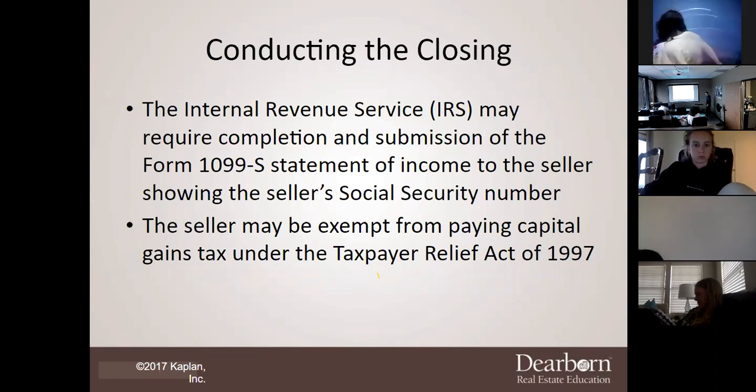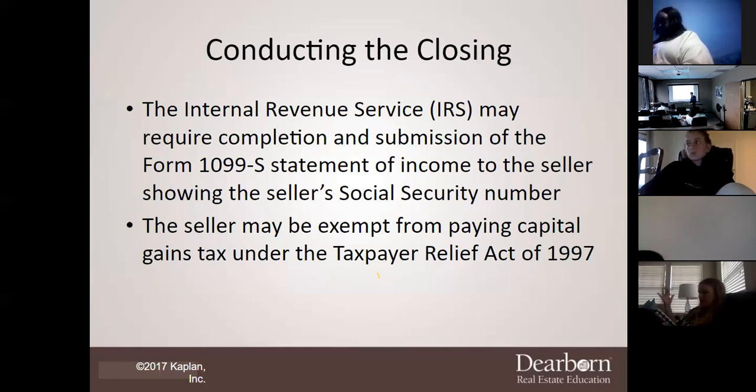But it's been amended recently, wasn't it? Everything's been changed. Some things have changed, but the Taxpayer Relief Act basically says a single person is limited to a 250,000 capital gains tax exclusion, and a married couple is 500,000.